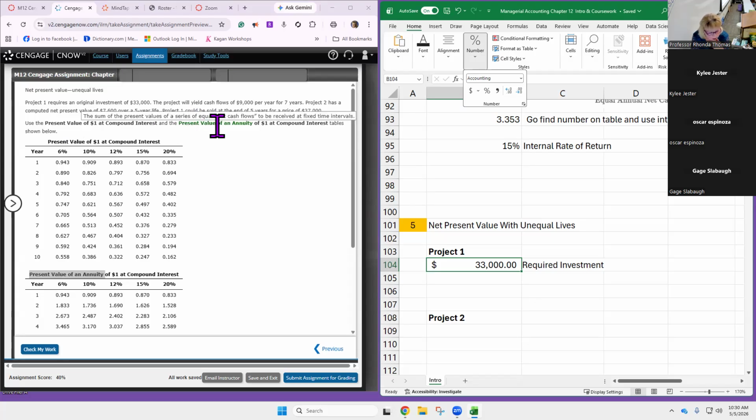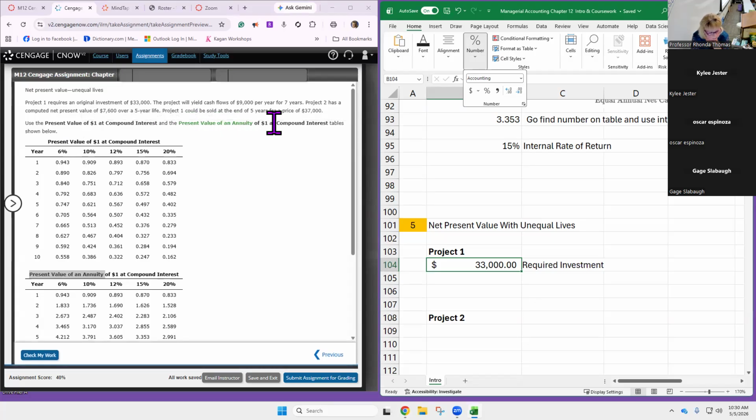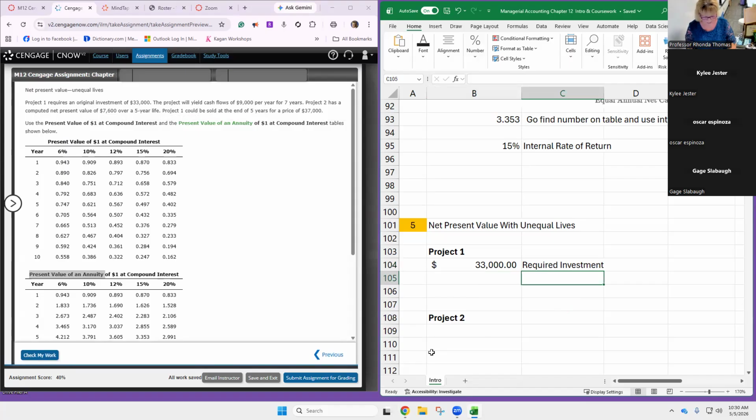Project 1 could be sold at the end of 5 years for a price of $37,000. So it has a residual value, project 1. And project 1's life is 7 years.